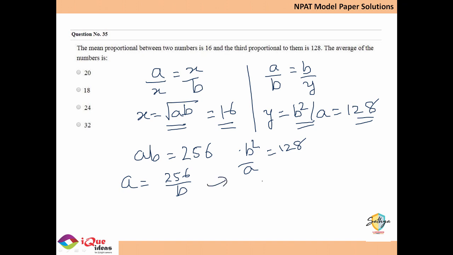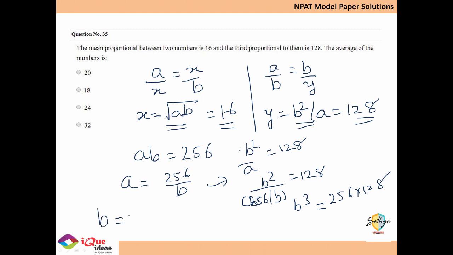Substituting in the next equation, I get b square divided by 256 by b is equal to 128. So I get b cube is equal to 256 into 128. If you simplify, the value of b turns out to be 32. Substitute here, the value of a turns out to be 8.